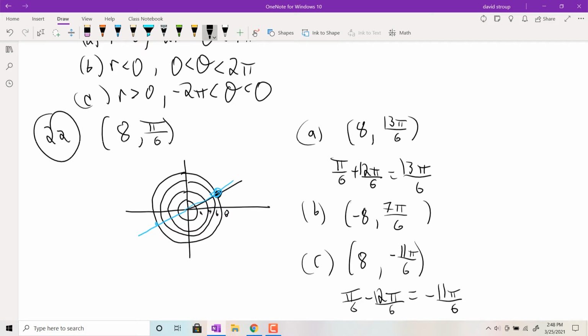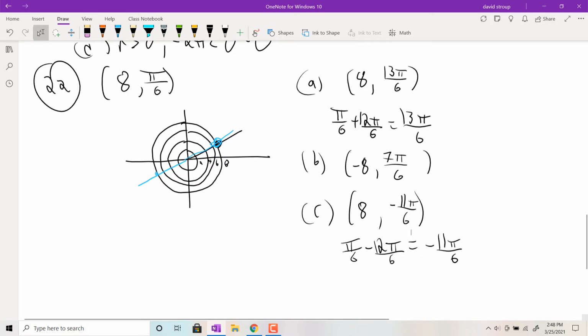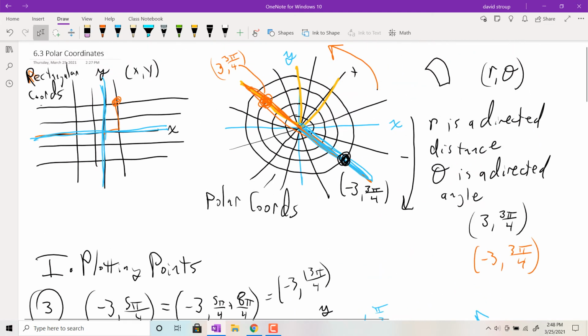I supposed earlier in this section that we want to be able to convert back and forth between polar and rectangular coordinates. It turns out for certain types of applications, it's easier to work in one rather than the other.